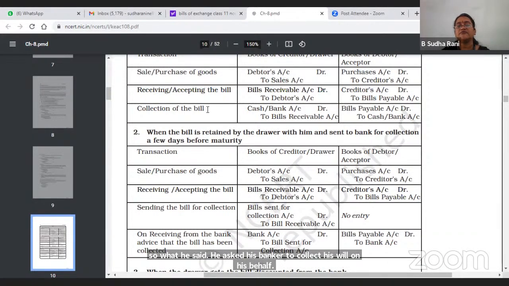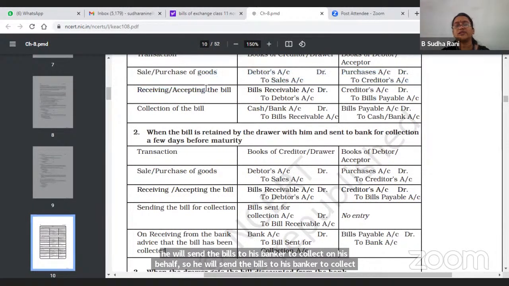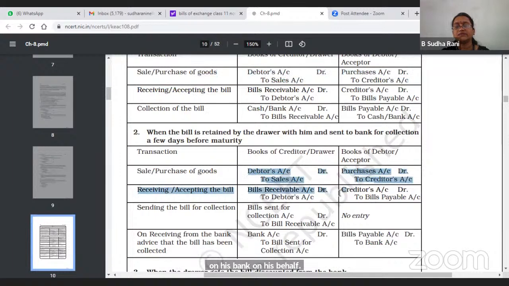In such case, first two entries, as I said, for sale or purchase of goods, for writing or accepting the bill, these two entries remain, and the bill has been honored.